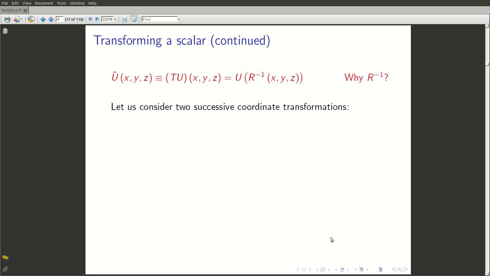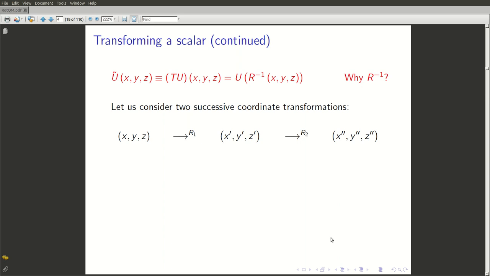Let us consider now, instead of one transformation, two successive coordinate transformations. So xyz gets acted upon by the transformation R1 to produce x prime, y prime, z prime, and that in turn gets acted upon by R2 to produce x double prime, y double prime, z double prime.